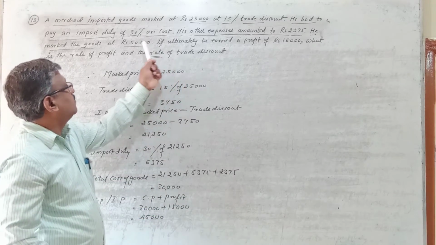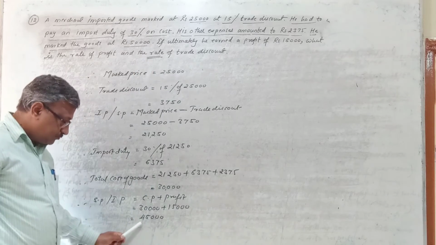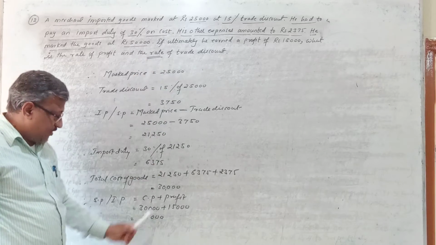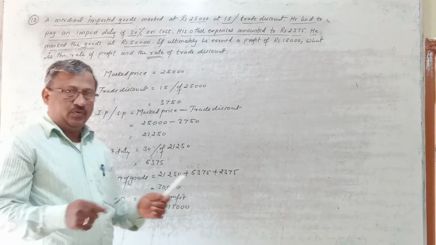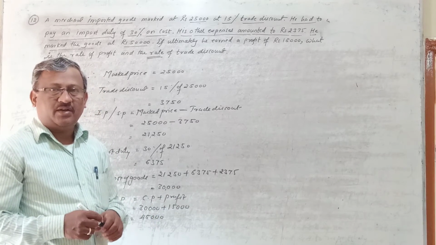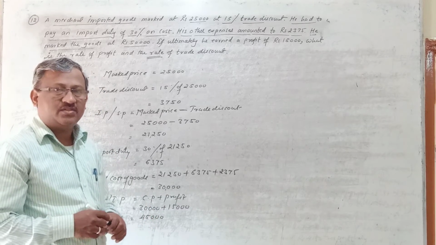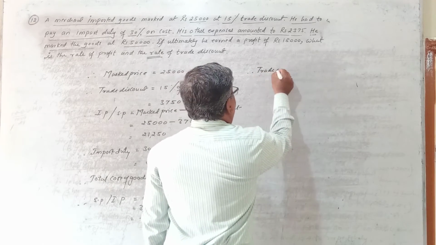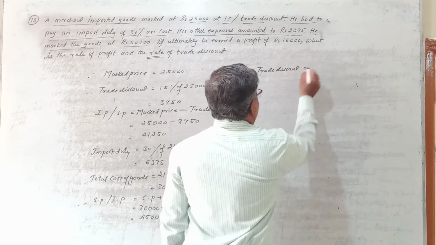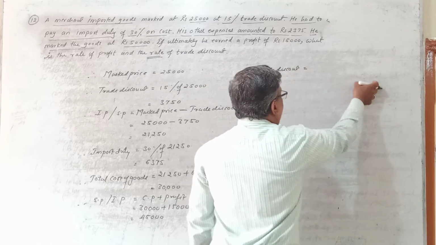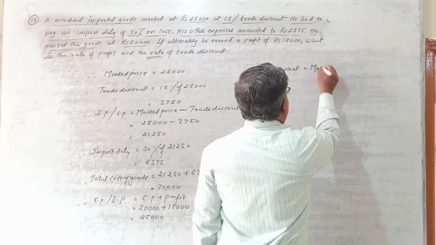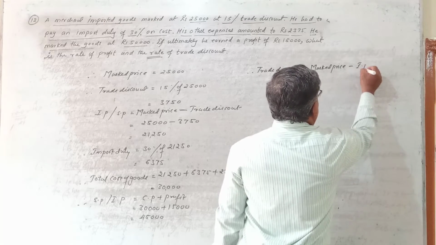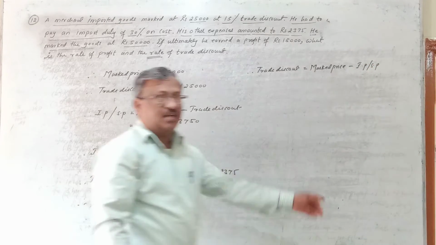So in the problem we know his marked price is 50,000 and we know his invoice price also. It is 45,000. If from this marked price you minus this invoice price, whatever difference comes, that is called the trade discount. So now we can easily determine the trade discount. So trade discount is equal to marked price minus invoice price, or selling price.